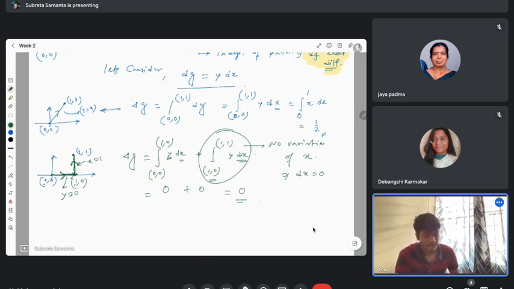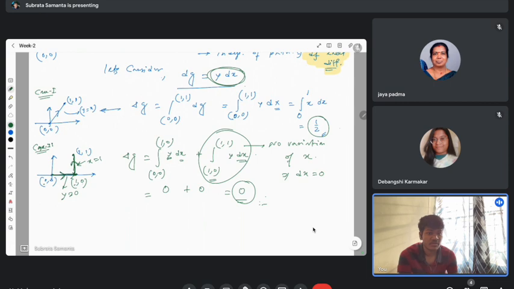Okay, so is this point clear or not? That means in the first path, case 1, we get a half, but in case 2 we get 0. So this y dx is not a function of state, it depends on the path. The change of this quantity varies with the path. When the path varies, we get a different answer.